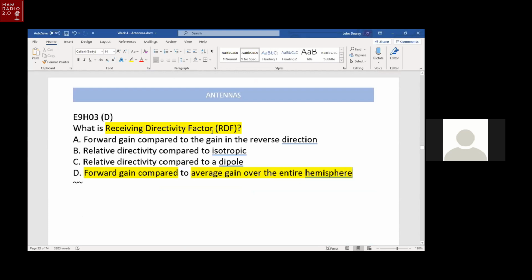If you have a good RDF, that means you're getting 6 to 8 or 10 dB gain in the forward direction compared to the average gain over the entire hemisphere, which equates to isotropically radiated electromagnetic energy. So you're really comparing the gain that you accomplished in shaping that antenna pattern to the isotropic radiation. And that becomes your RDF.